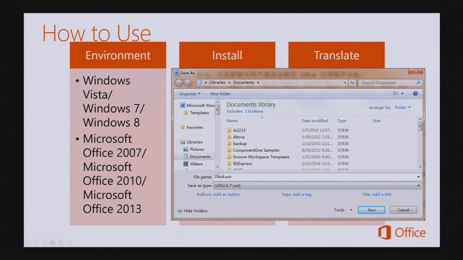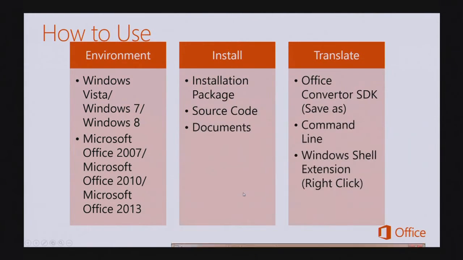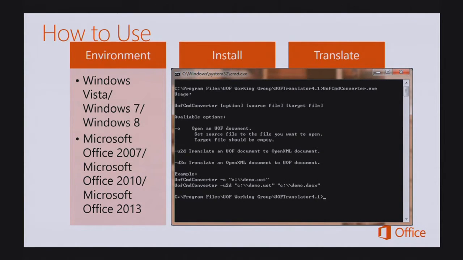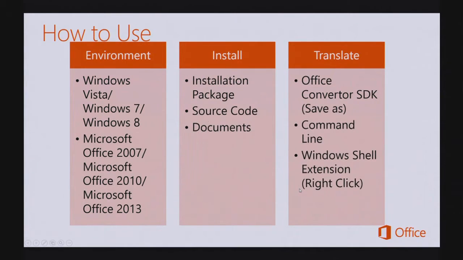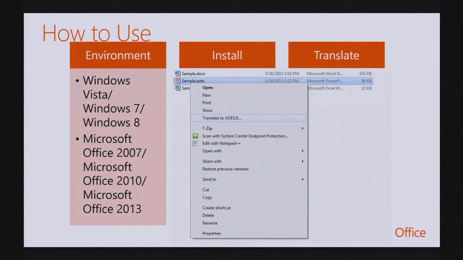We can see in the Save As type there is the UOF file format. And the command line is a simple command to translate from one file format to another. And right-click will add translate to a file format in the Windows right-click menu.